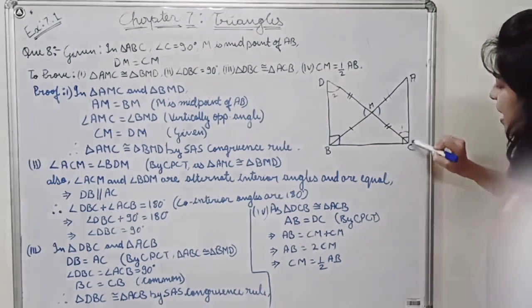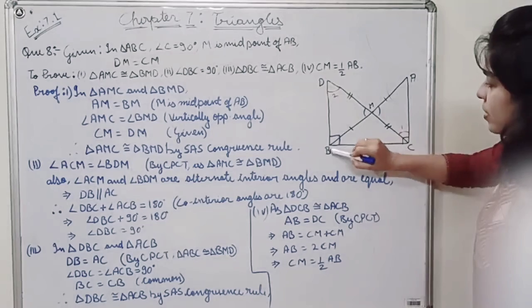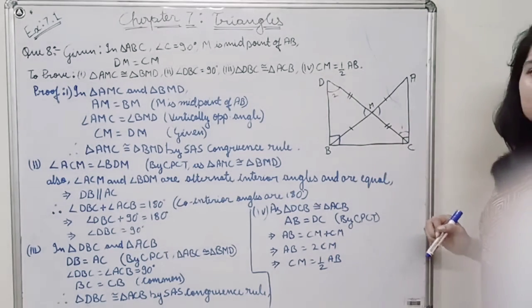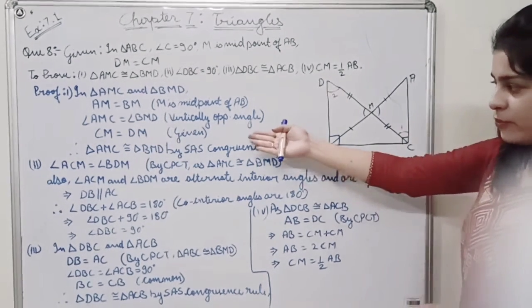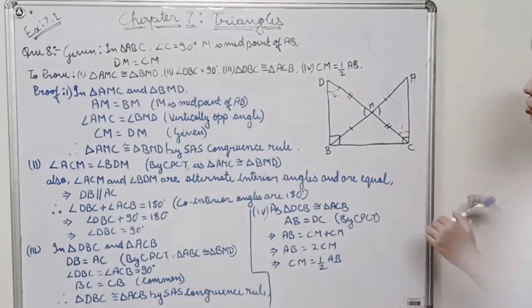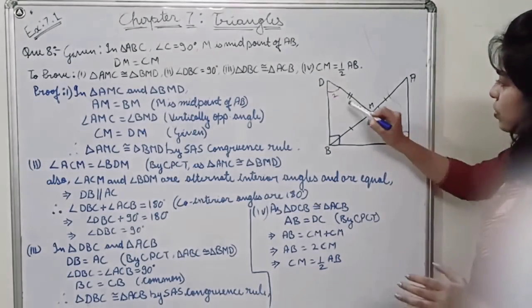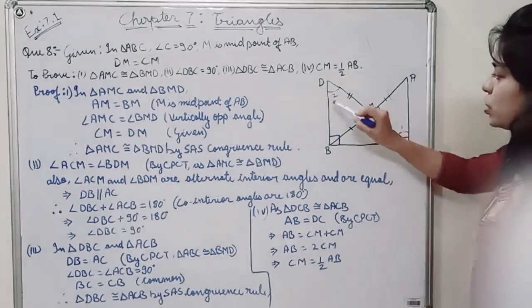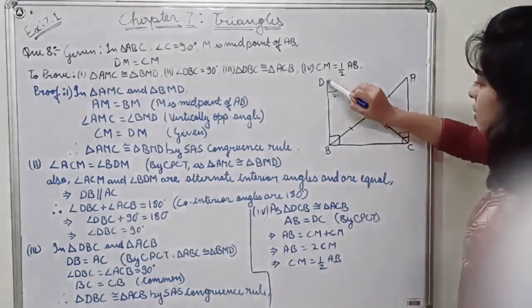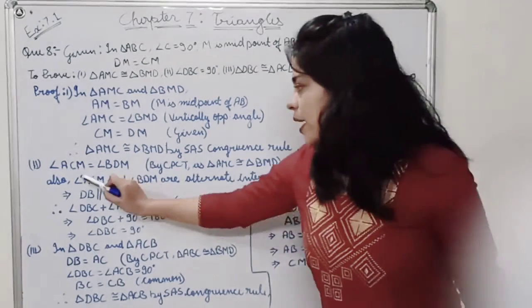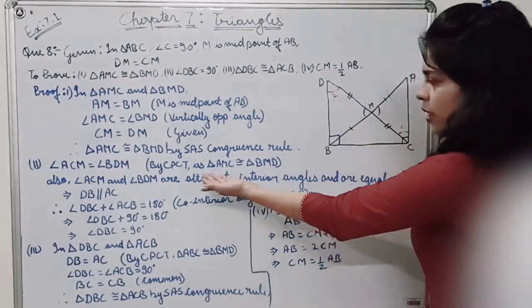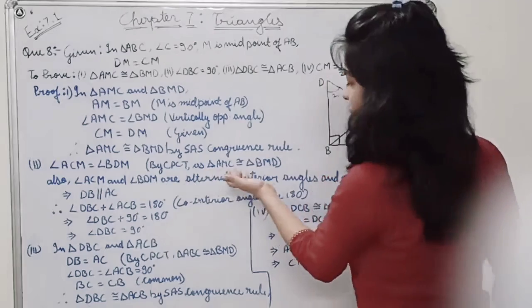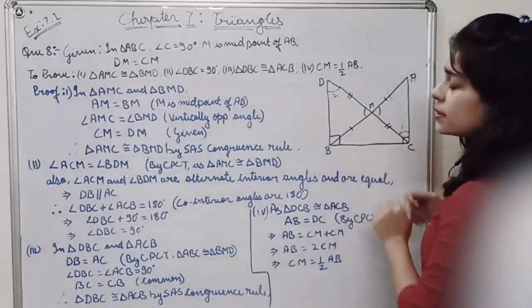Because triangle AMC and triangle BMD were congruent triangles, as we have proved above. So by CPCT, angle 1 is equal to angle 2, and angle 1 is ACM, and angle 2 is BDM. So angle ACM and BDM are equal, as they are corresponding parts of these two congruent triangles.